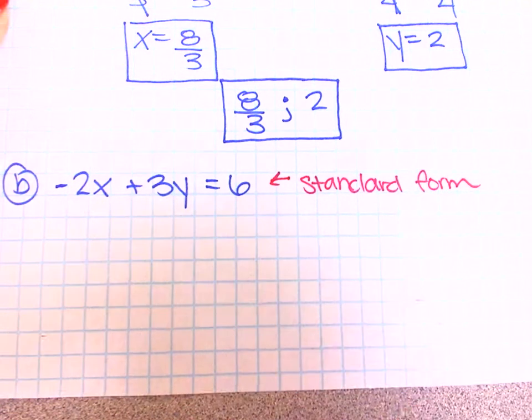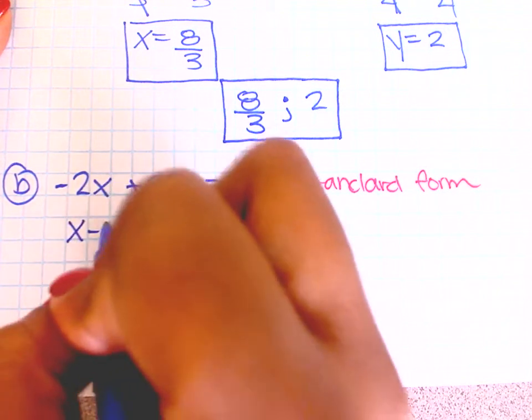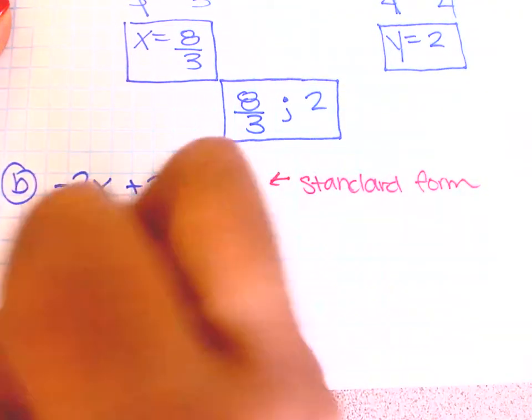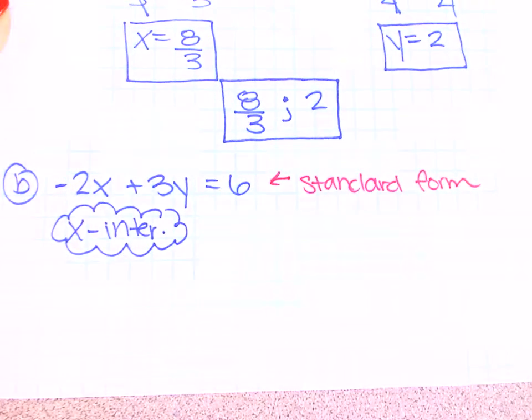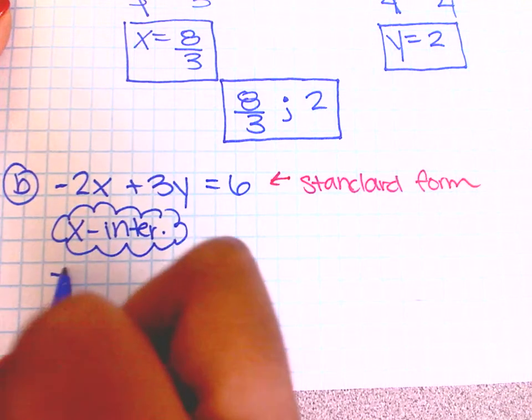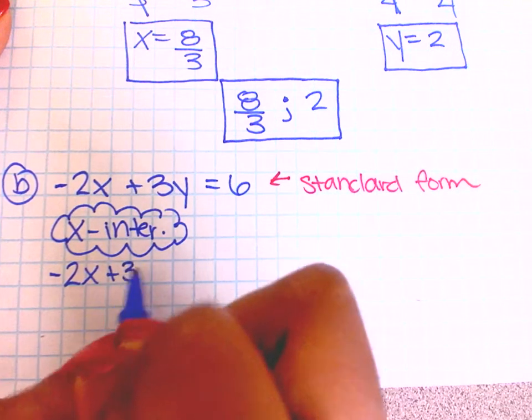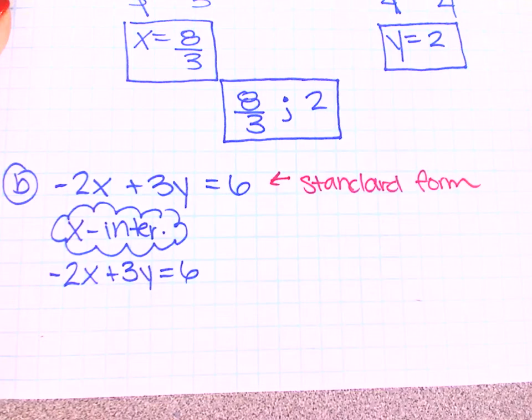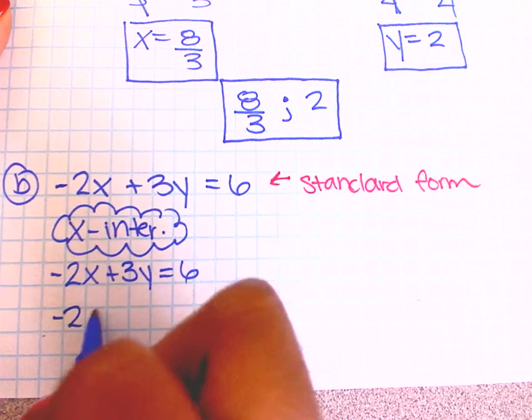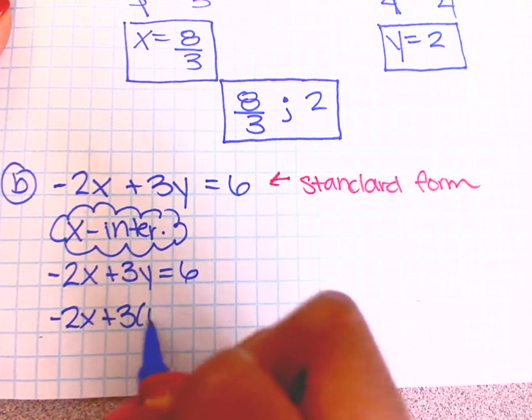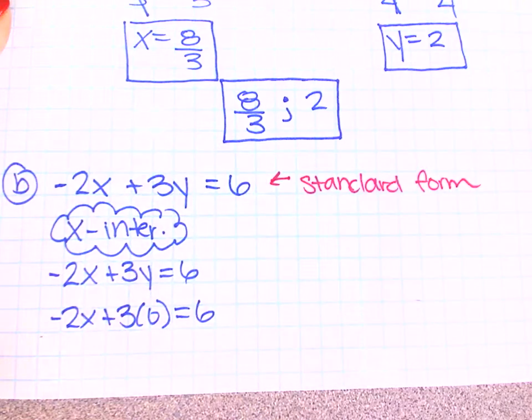Okay, cool, pretty easy. So my x-intercept, let's find that first. So I'm going to write down the problem. Negative 2x plus 3y equals 6. Again, when you find the x-intercept, you replace y with 0. So I have negative 2x plus 3 times 0 equals 6.